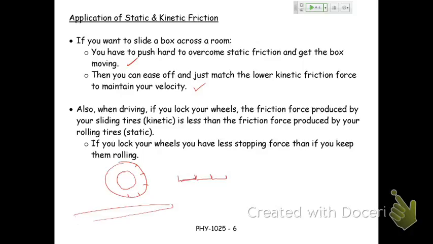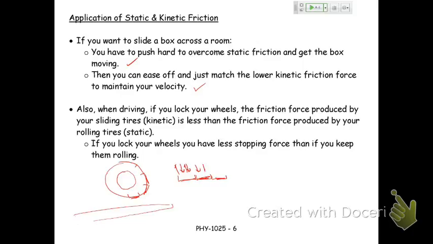I lay this bit down, and I roll it, and I lay this bit down, and I roll it. So every bit of the tire gets put down from above, and then it gets lifted up.